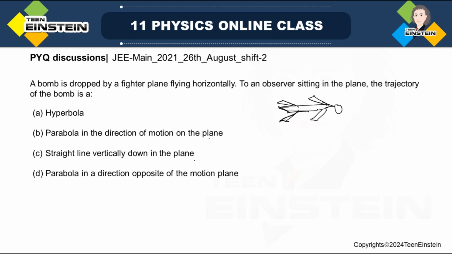So when it is flying in the horizontal plane, the bomb will not go down directly. This is not the trajectory. The trajectory will be, it will have initial velocity u like this. But since it is motion under gravity, it will slowly drop to the ground, making a parabolic path like this.